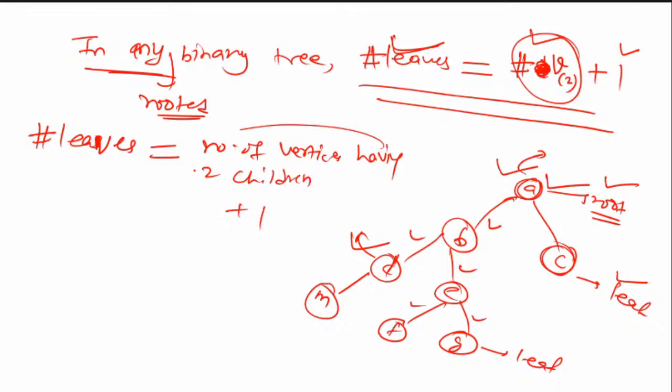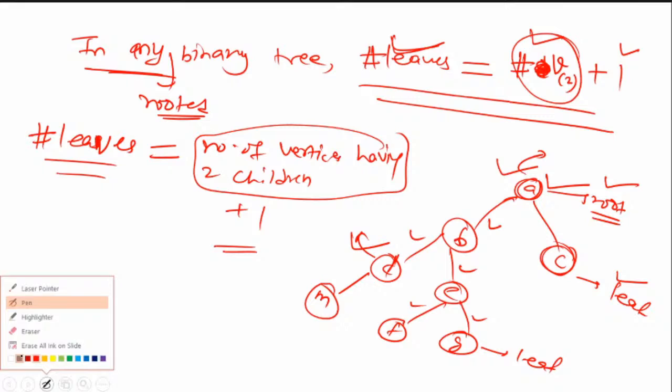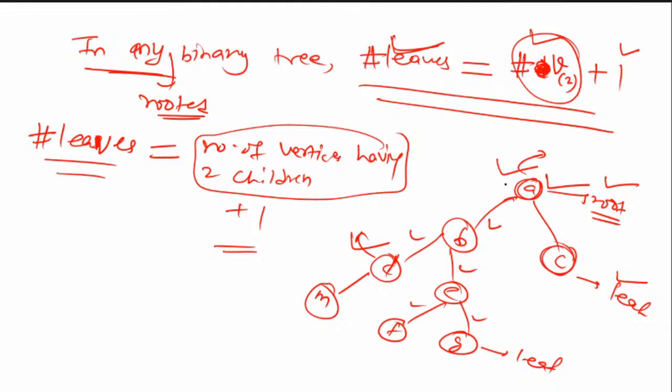Let me rewrite it. The statement is: number of leaves is equal to number of vertices having two children, plus 1. So this is the result that we need to see. Before we prove it, you can verify it very easily.